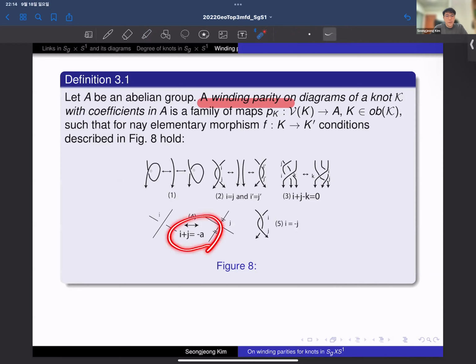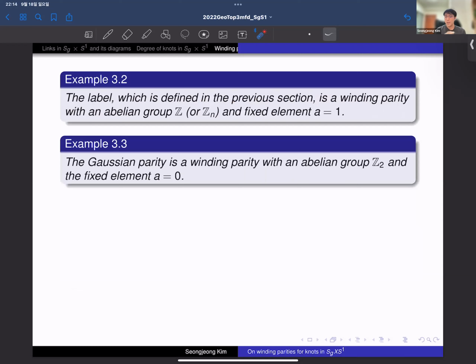But one difference is that for the crossing change move, the winding parities for those two crossings satisfy such equality. Then, of course, the label defined in the previous section is a winding parity. And the Gaussian parity is also a winding parity with abelian group Z_2 and the fixed element equal to 0.